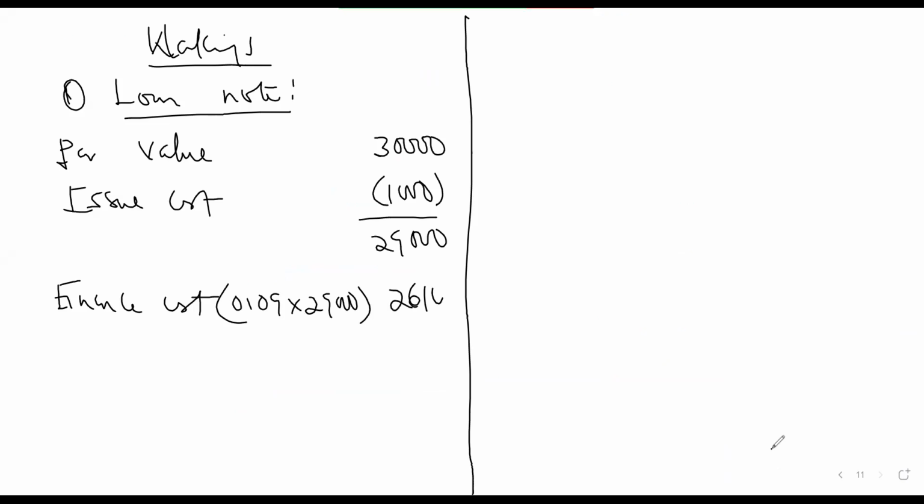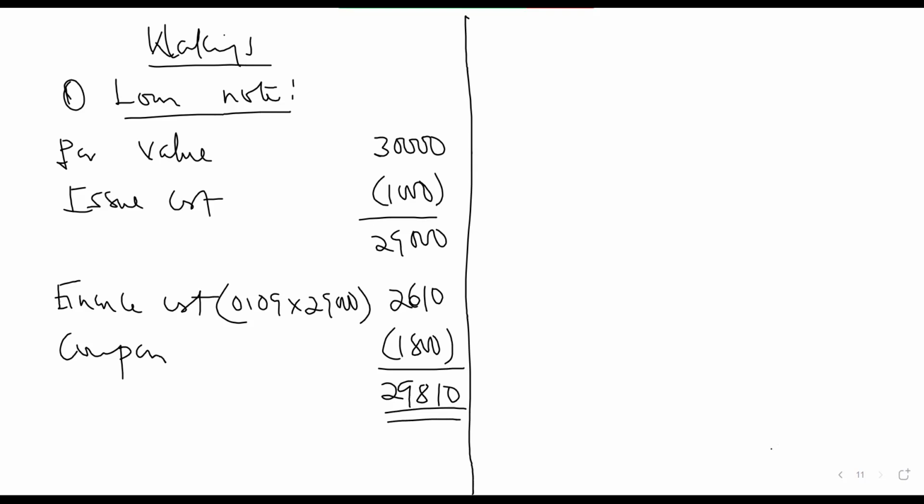So what will be the coupon? 1,800. What will be the balance now? $29,810.